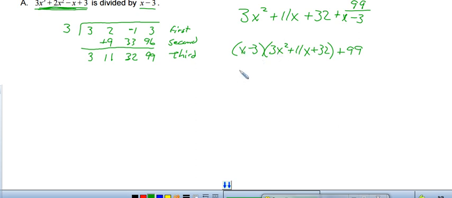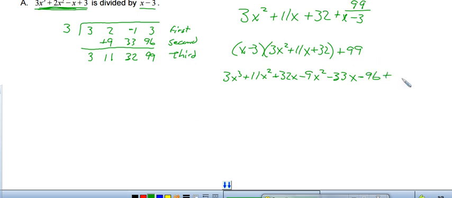X times 3x squared is 3x to the third. X times 11x, 11x squared. X times 32, 32x. Negative 3 times 3x squared is negative 9x squared. Negative 3 times 11x is negative 33x. Negative 3 times 32 is negative 96.